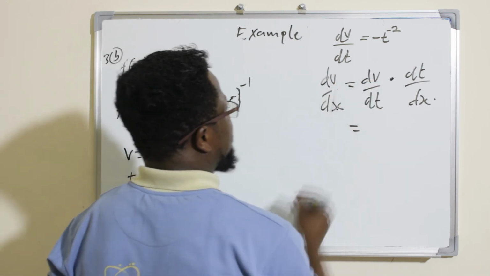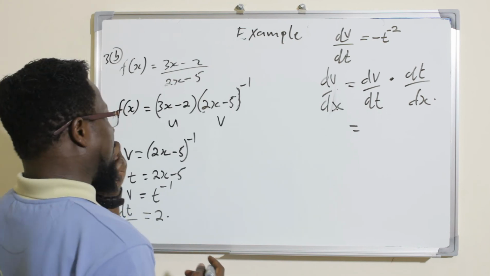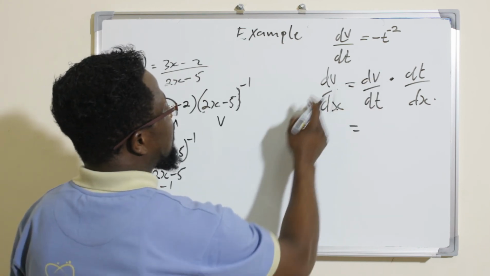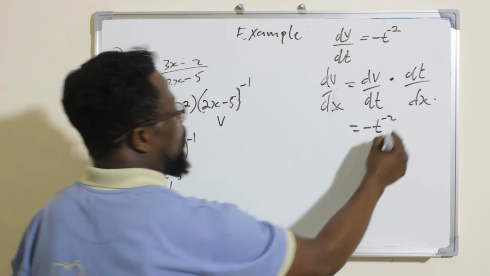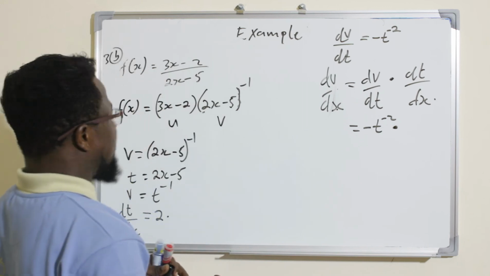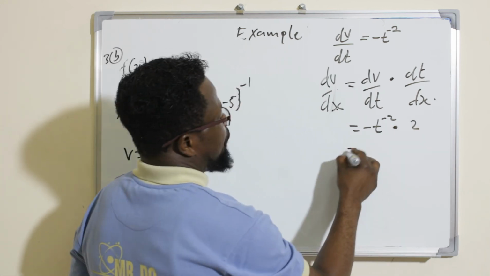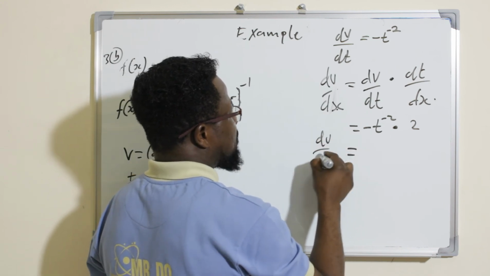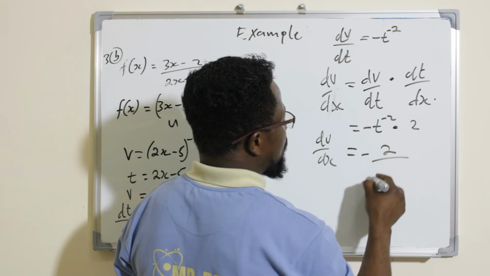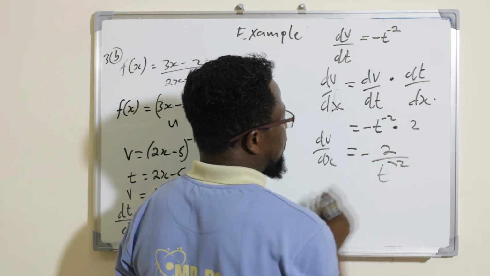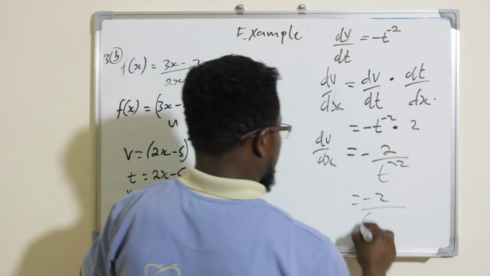And now let's do the substitution from here. If I do the substitution, dv dt is negative t exponent negative 2 multiplied by dt dx, which is 2. So dv dx will finally become negative 2 t exponent negative 2, which is negative 2 over t squared.